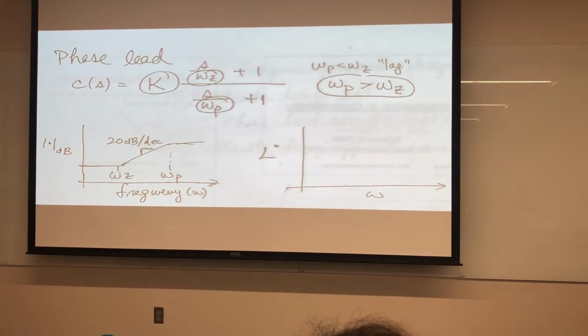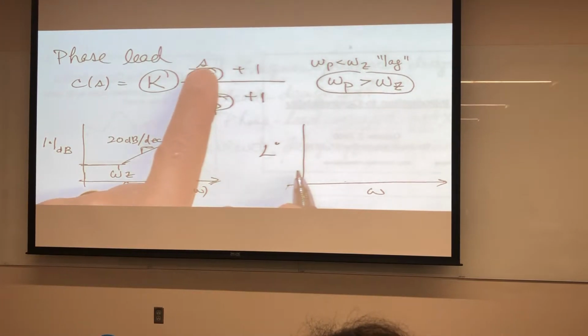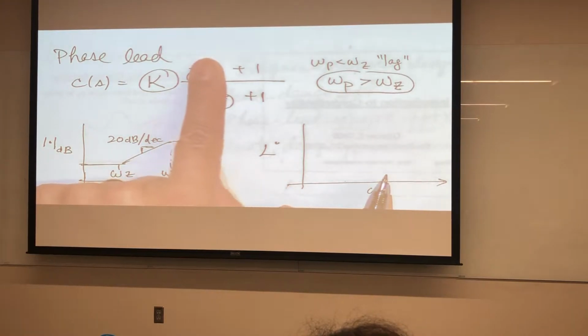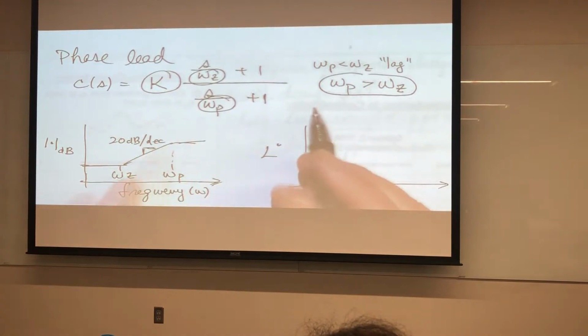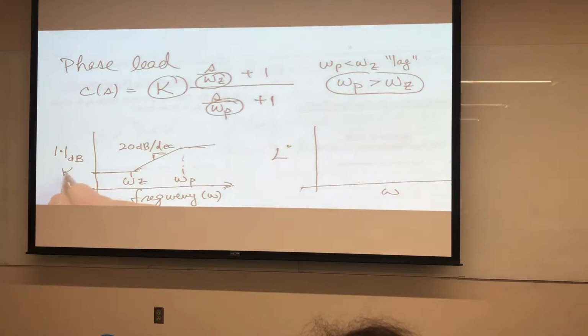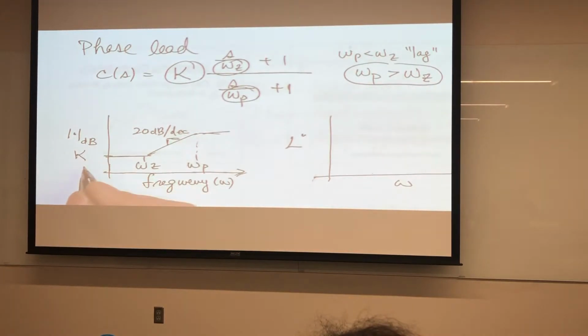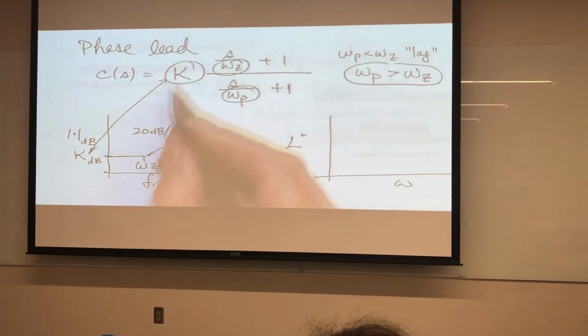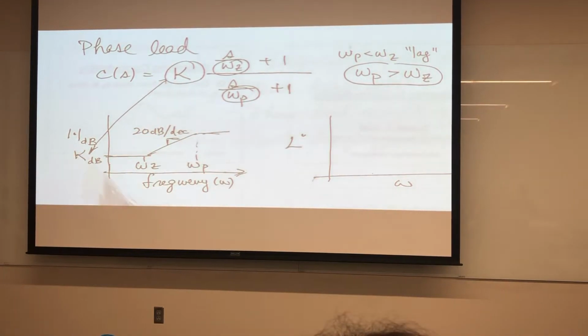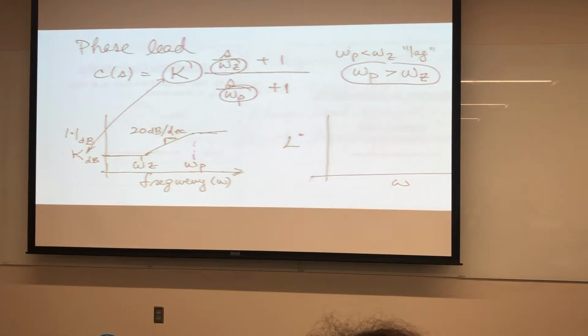When s is equal to j omega, when omega is very, very small, this goes away and this goes away. And so the low frequency gain is K. So this gain down here is K, except we have to convert it to dB. This K is related to this K. This is in dB. And then the gain starts increasing right here.